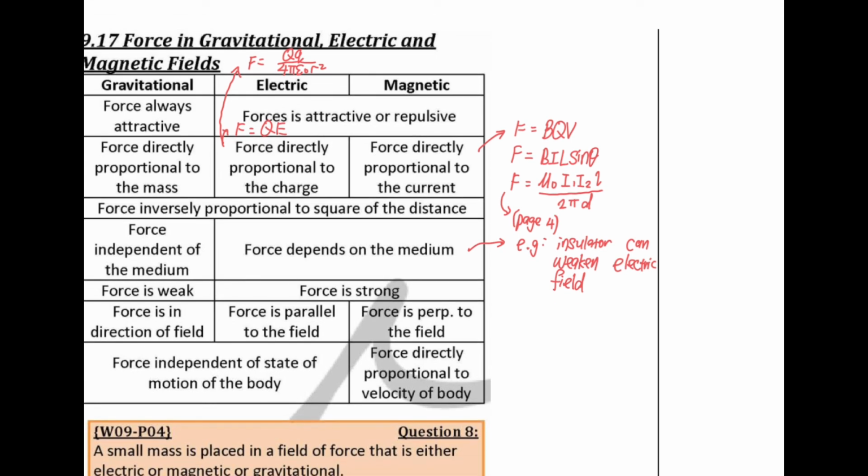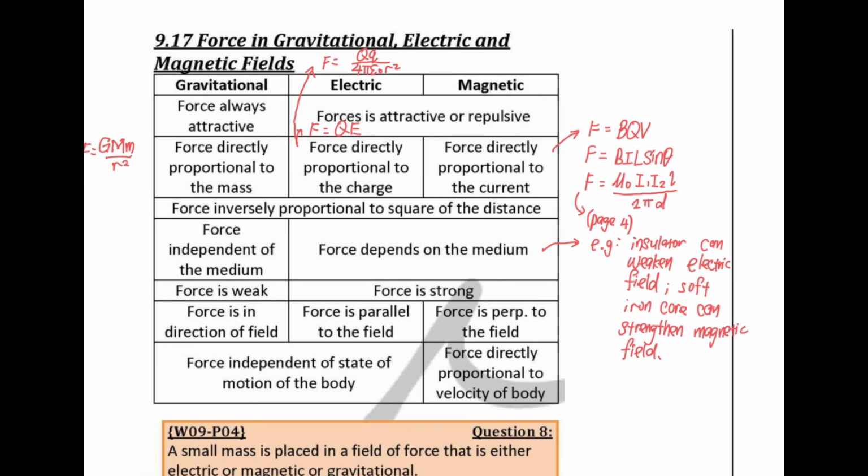So this is one example. Second example, a soft iron core can strengthen the magnetic field. So you see the medium affects the electric force and the magnetic force.